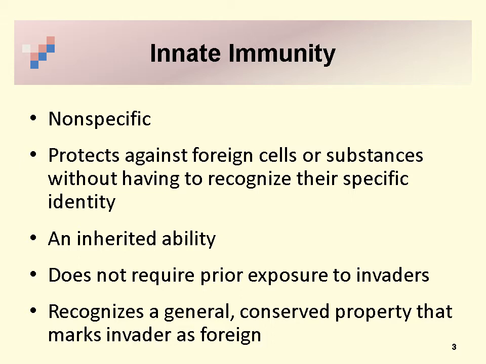Okay, so back to innate. It's there, you're born with it. It includes things like skin. It's inherited in that form. It doesn't require prior exposure, so it's more or less ready to go. And then the final part, which is both its strength and its weakness, is that it tends to recognize a general conserved property that marks an invader as foreign.